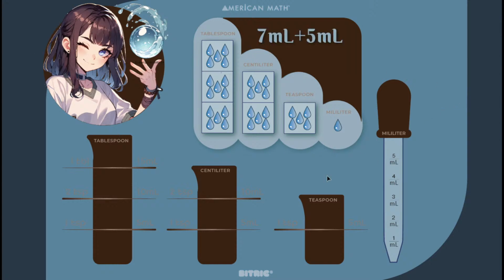All right. Kira, help us out with how we can add these two units together using the clear carry system. Okay. So let's begin with, where you go, 7 milliliters. All right. So first off, we know a tablespoon's too big.